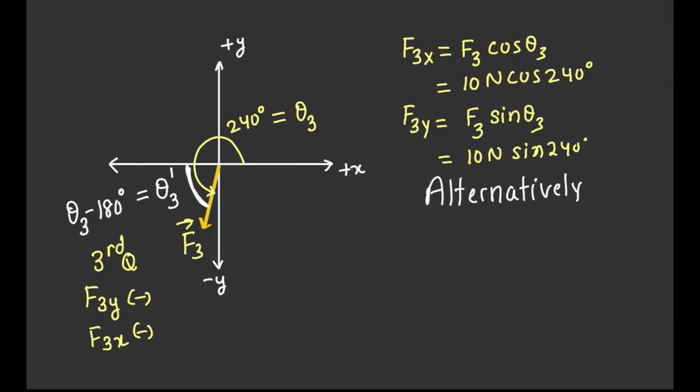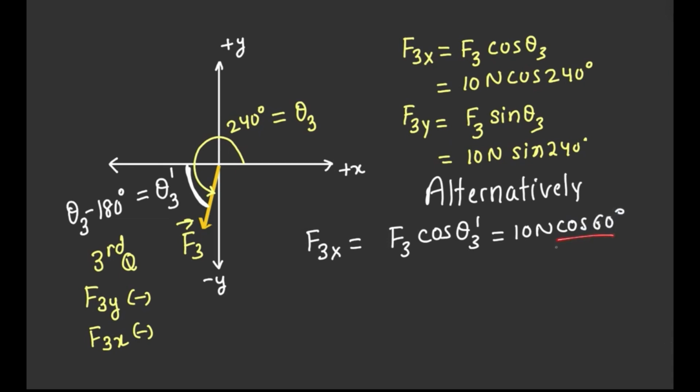we're going to use the angle theta 3 prime, which is equal to theta 3 minus 180 degrees. Theta 3 is 240 degrees. What is 240 degrees minus 180 degrees? That is 60 degrees. So here we go. Our theta 3 prime is 60 degrees. All right, so f3x will be equal to f3 cosine theta 3 prime. That is going to give us 10 newtons times cosine of 60 degrees.